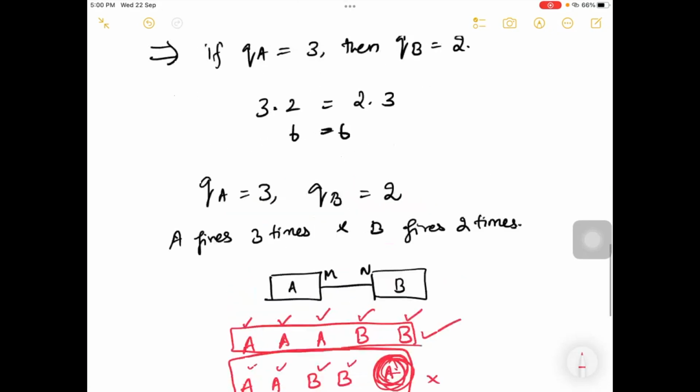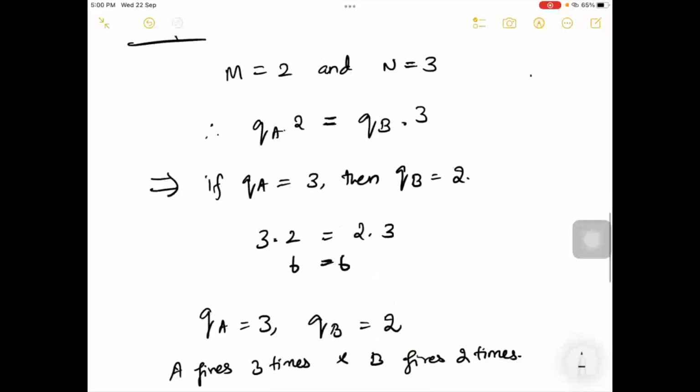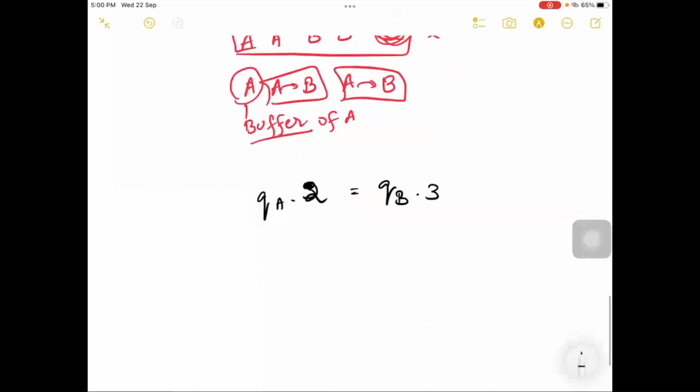The other way around, if the same thing happens here, the same example: QA into 3 equals QB into 2. QA into 2 equals QB. The other way around, we can use QA equal to 6, then QB equal to 4.